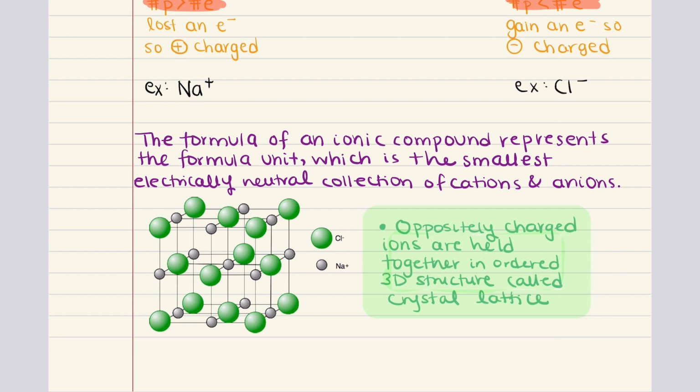The atoms of those active metals loosely hold on to their electrons, whereas the halogens are more likely to gain an electron to complete their valence shell.